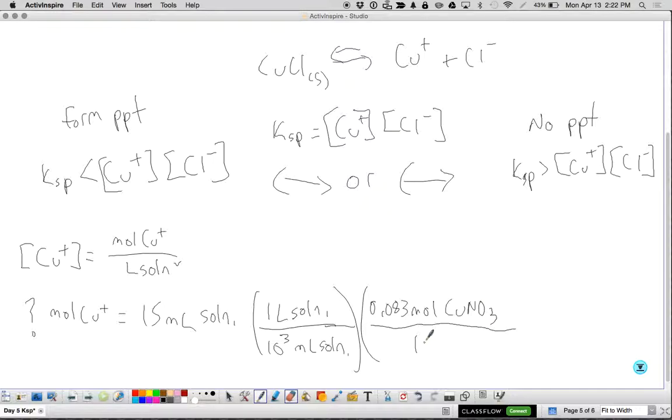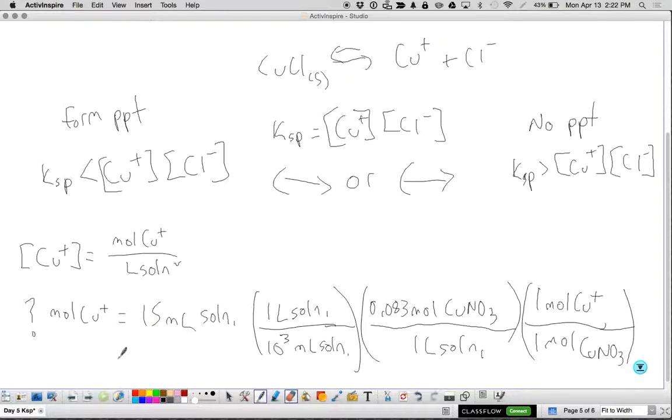over 1 liter solution. And then an important part that a lot of people kind of leave off is that I have 1 mole Cu+ over 1 mole CuNO3. Now I could give you a case where maybe this is Cu(NO3)2 or Cu2O or something like that. You just got to be careful that you get the correct number of moles of Cu+.